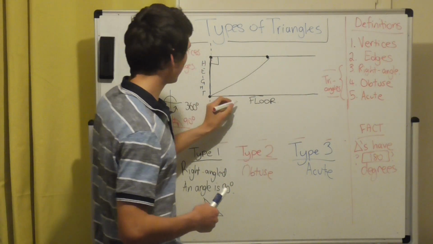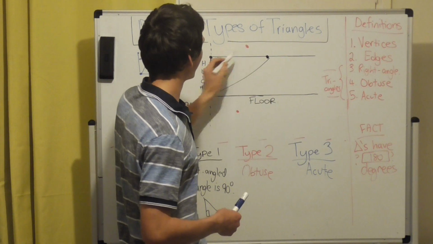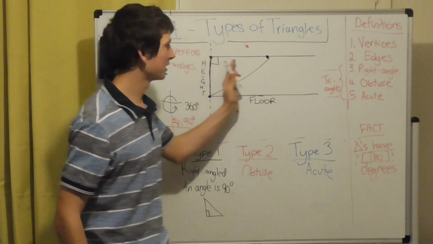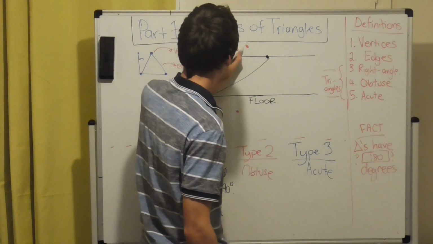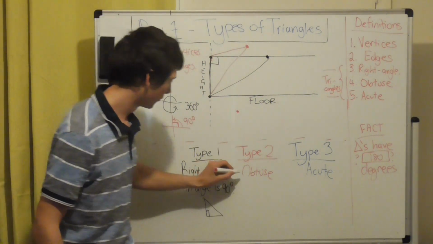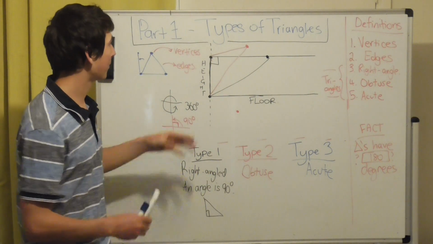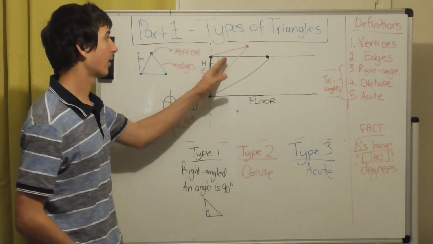But if I go anywhere below the floor, or anywhere above the highest part of this, you can imagine this to be a wall, then I'm going to make an obtuse triangle. And you can have a go and guess at how we define an obtuse triangle.